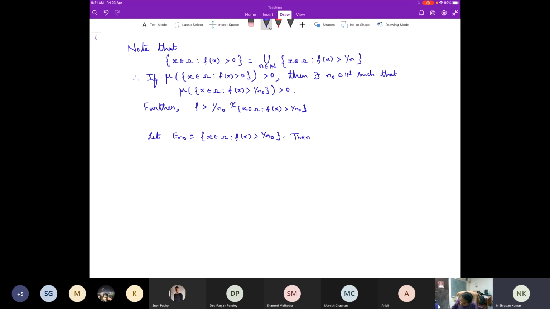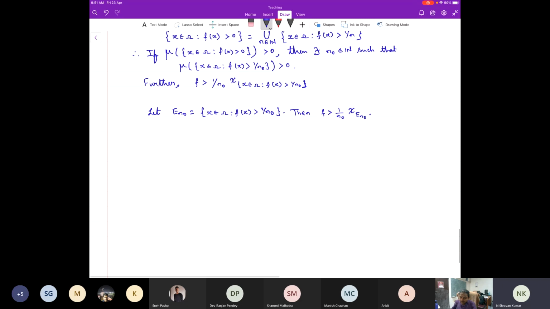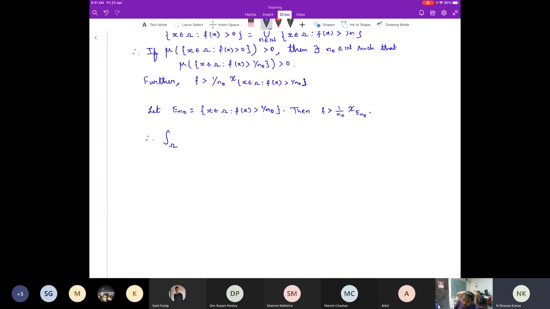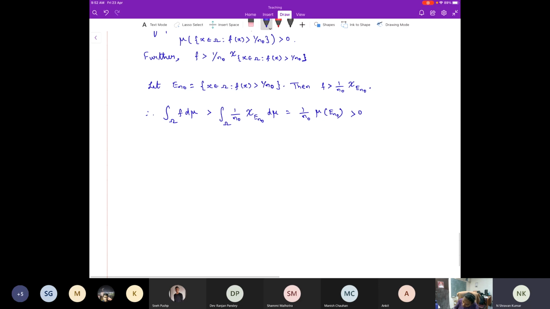Then f is bigger than 1 by n naught times chi of E n naught. Therefore, the integral over omega of f d mu is bigger than the integral over omega of 1 by n naught times chi of E n naught d mu, which is the same as 1 by n naught times the measure of E n naught. 1 by n naught is greater than 0 and the measure of E n naught is again greater than 0. Therefore, this whole thing is greater than 0, which is a contradiction.